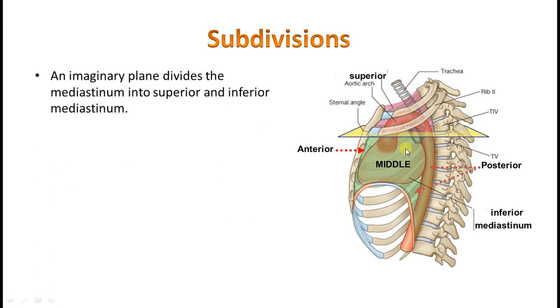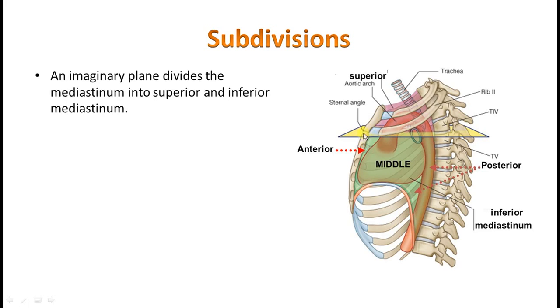So what is the demarcating line between the superior and the inferior mediastinum? It is an imaginary plane passing through the sternal angle. The sternal angle is present at the junction of the manubrium sterni and the body of the sternum, where the second rib articulates.